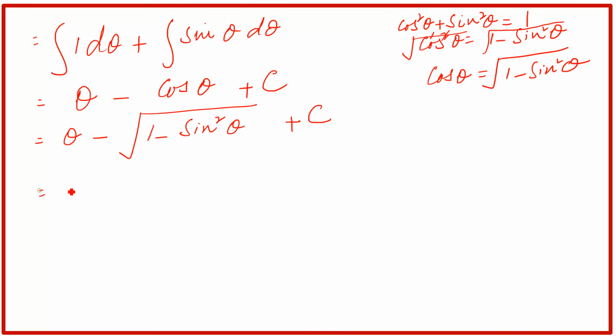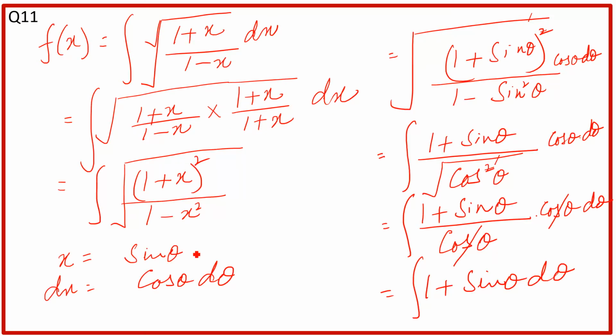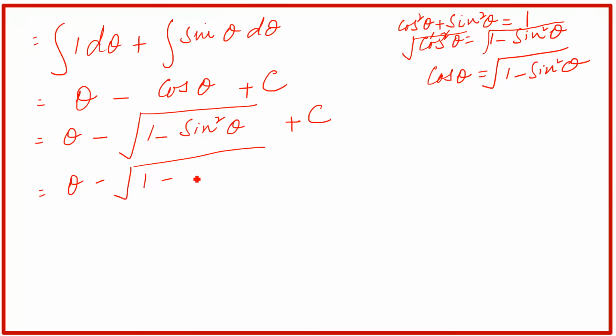So now we will put the values: theta minus the square root of 1 minus sine square theta. See here, I will show you from here. The value of theta is equal to sine inverse x. And if I say sine theta is equal to x, so what we have is the square root of 1 minus x square, plus c.